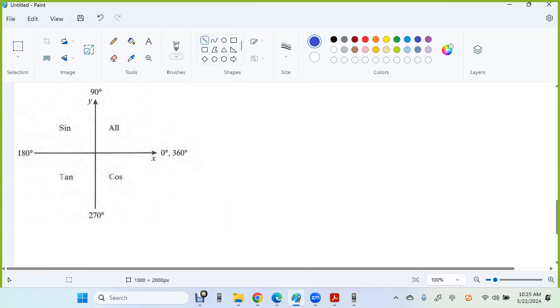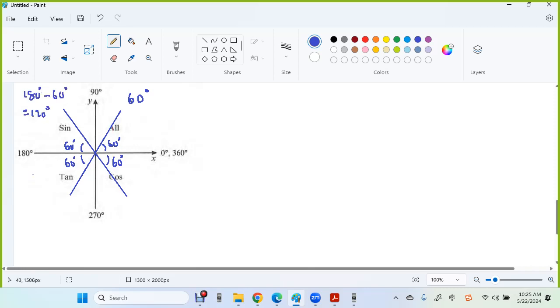Next, for cos, I will use 60 degree. So 60 degree here, 60 degree, 60 degree, and 60 degree. So first quadrant 60, this is 180 minus 60, then it is 120. So 180 plus 60 will be 240. 360 minus 60 will be 300 degree.